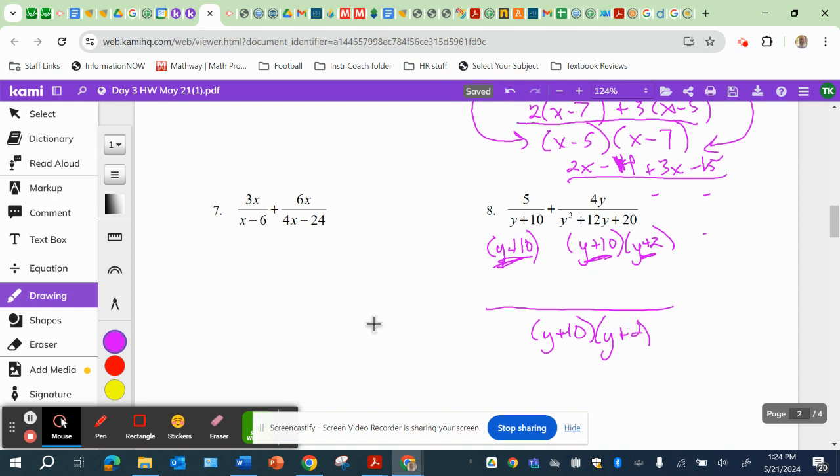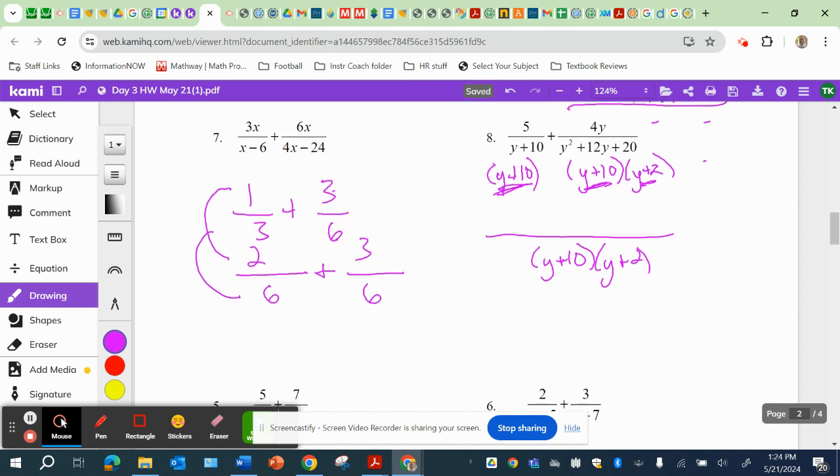It's the same thing you would do if you were adding 1/3 plus, like, 3/6. Say, okay, they both go into 6. 3 times 2 is 6, so 1 times 2 is 2. This one already is 6. 6 times 1 is 6. 3 times 1 is 3. It's the same rule, just has algebra with it.